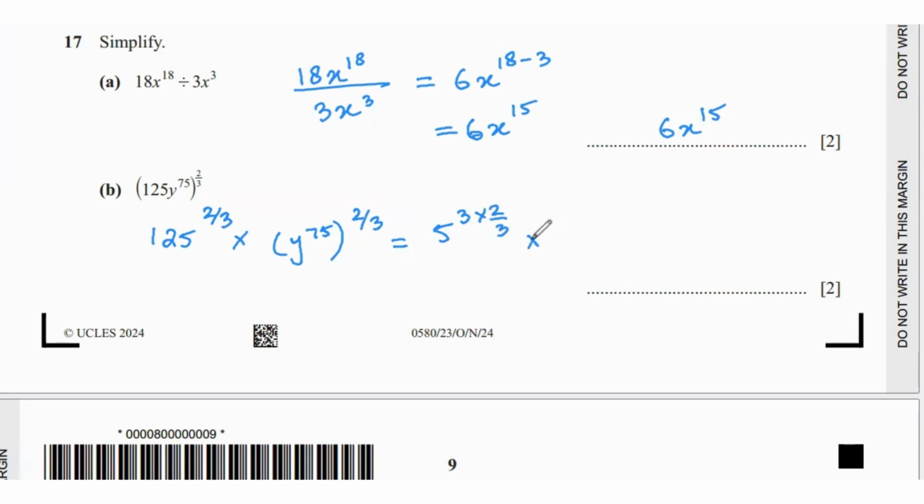And if we simplify this, we're basically multiplying 75 with 2 over 3. So 5 to the power of 3 times 2 over 3 gives us 5 squared, which is 25. And y to the power of 75 times 2 over 3 gives us a power of 50. So the final answer is 25 y to the power of 50.